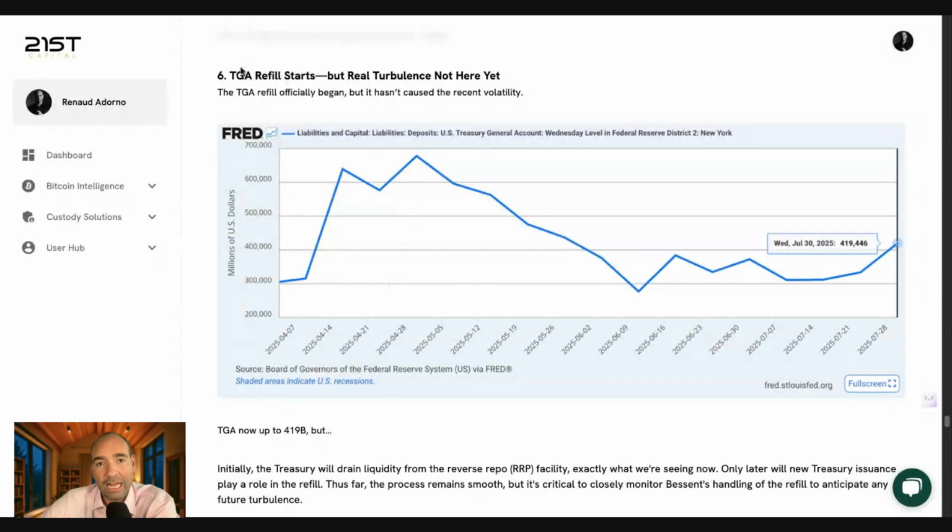But still, based on the fact that he's carefully crafting that TGA refill using the right amount of bills, at the right place on the yield curve, this can provide us some smoother procedure, so to speak. So let's wait and see what really happens. But again, I expect some turbulence there.